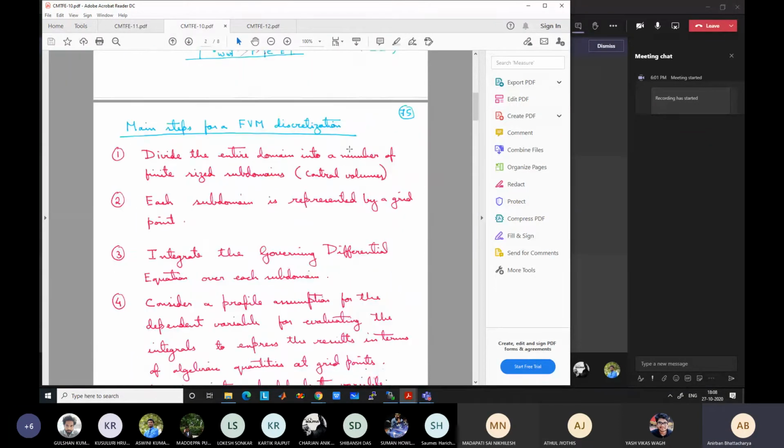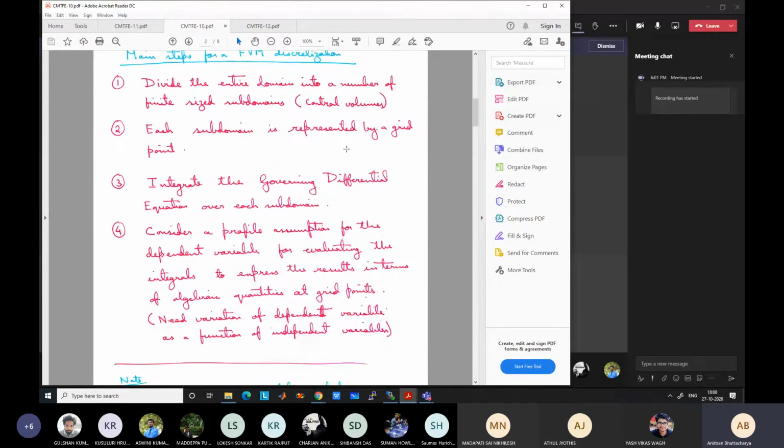The main advantage we have seen is that in finite volume method, even if we have a very coarse mesh, we can guarantee that the mass, momentum, energy, all these conservations are valid. Which is not true at the control volume or domain level for finite difference method.